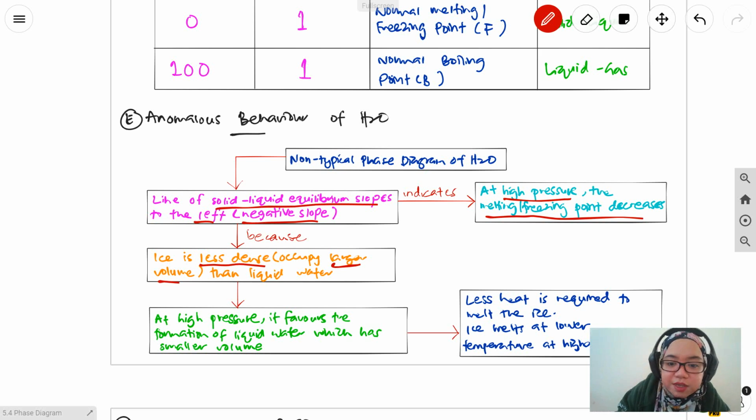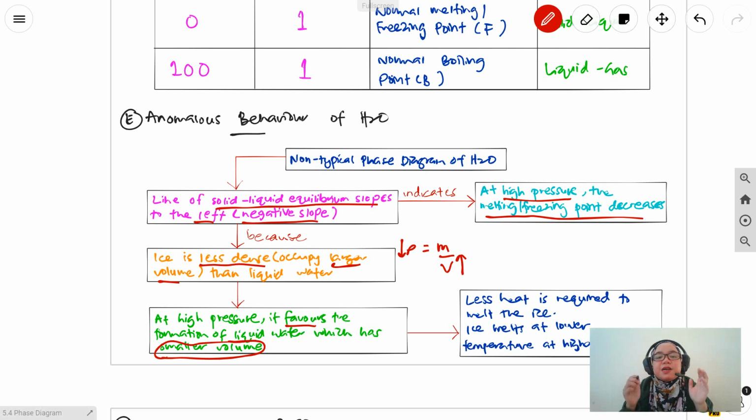Sebab apa? We know that density is equal to mass over volume. So, bila density lower, volume lagi besar. Betul? So at high pressure, it favors the formation of liquid water, which has smaller volume.